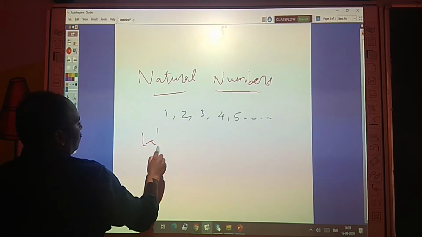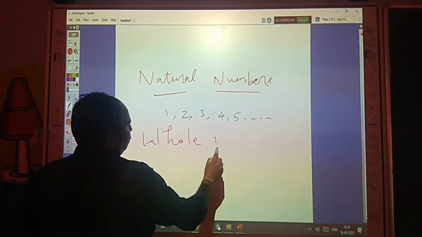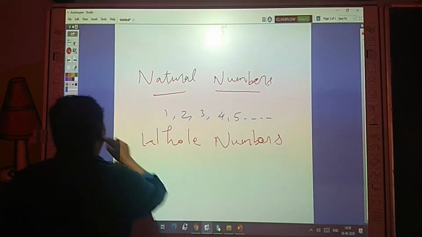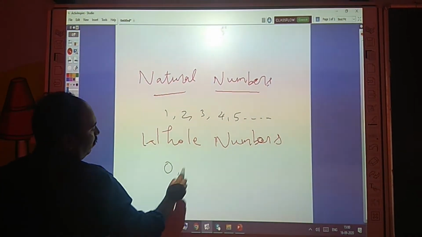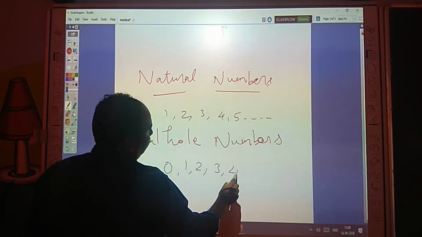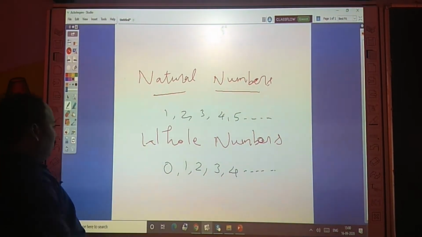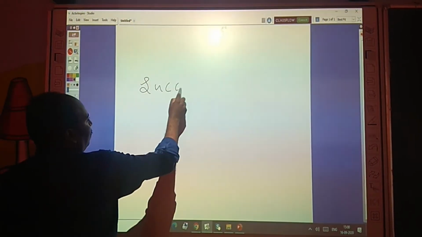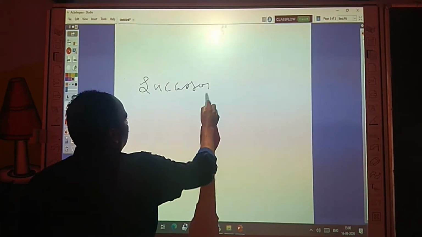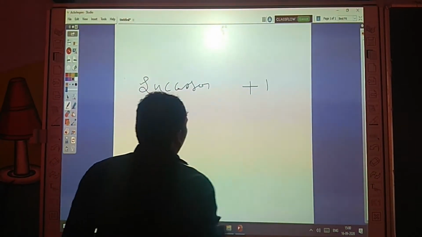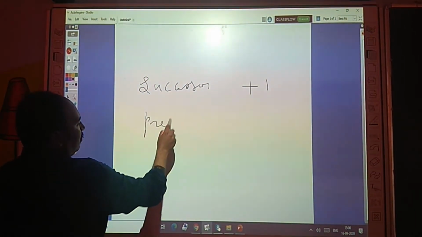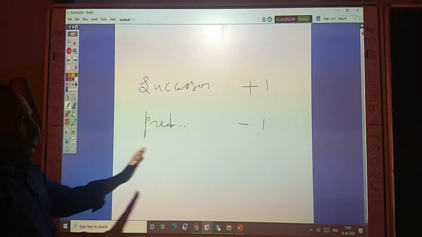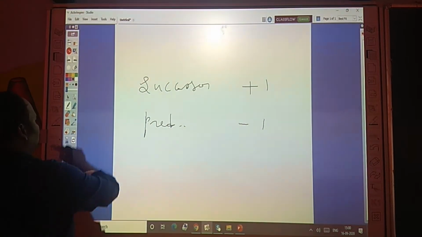And then whole numbers: 0, 1, 2, 3, 4. Next is successor. Successor means plus 1. Predecessor means minus 1.